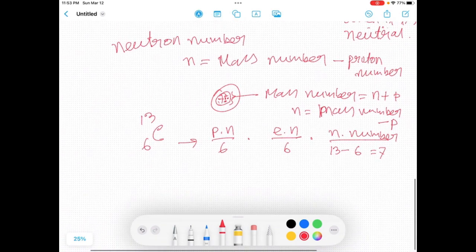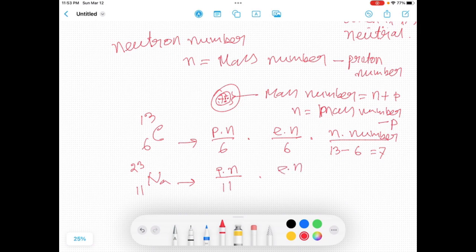Let's take another example, sodium 11, 23. Here the proton number will be 11, the electron number will be 11, and the neutron number will be 23 minus 11, so it will be 12.